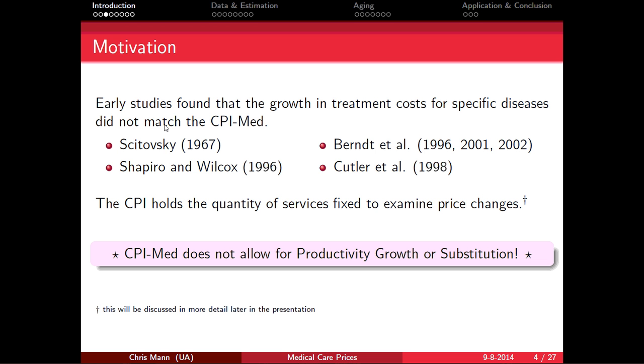And then let's just see how much it costs to stay a night at the hospital. Now, the problem with that is that as healthcare becomes more productive, as these treatments become better, a lot of these inputs are going to be reduced. And so the outcome is that the medical care component of the CPI is not allowing for productivity growth.